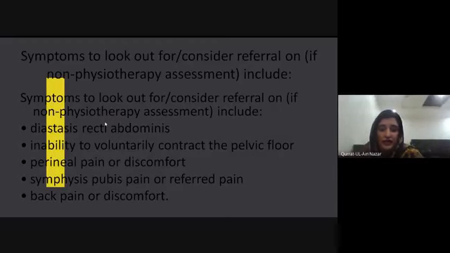So these things should be considered by the women's health physiotherapist, who identifies the problems and makes a proper plan of care for the mothers who have these types of problems.